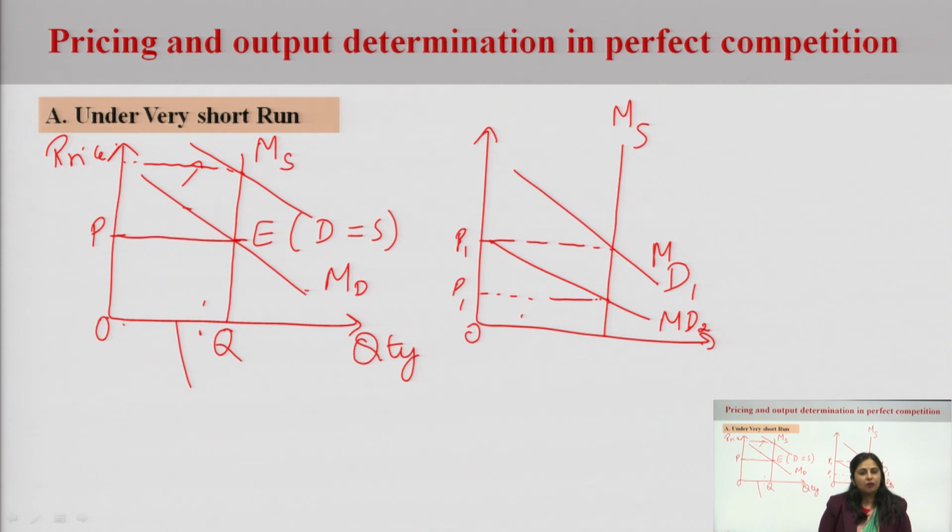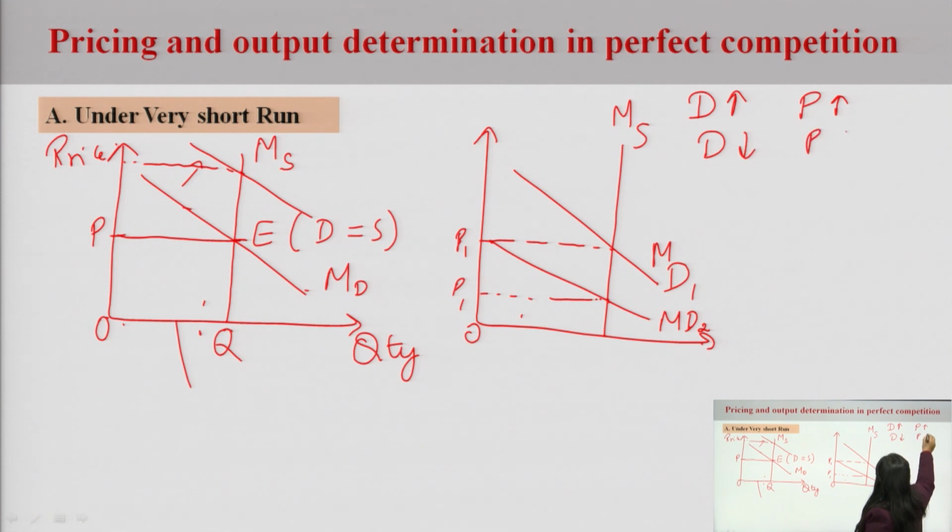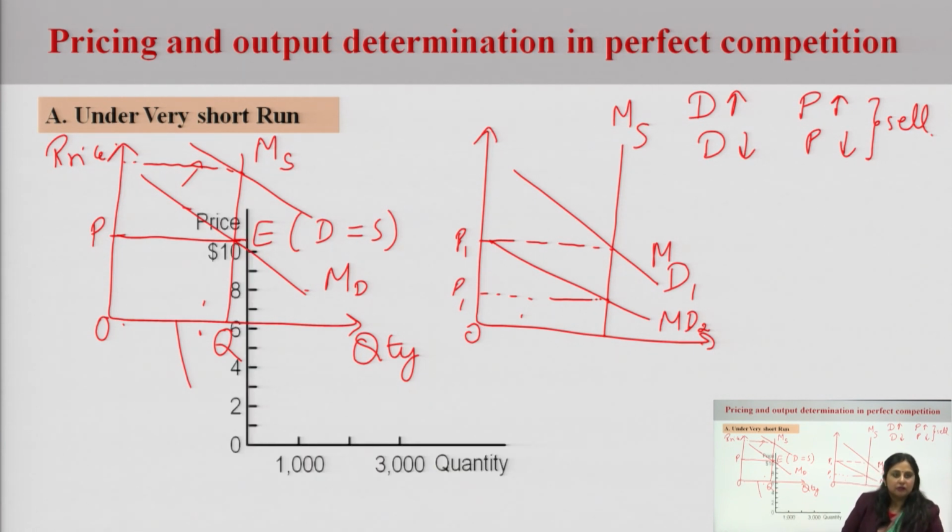So, this is how the prices are dependent on the market demand and supply in the very short run. This is the price which every seller has to take for selling on a particular day. So, this was the very short run.